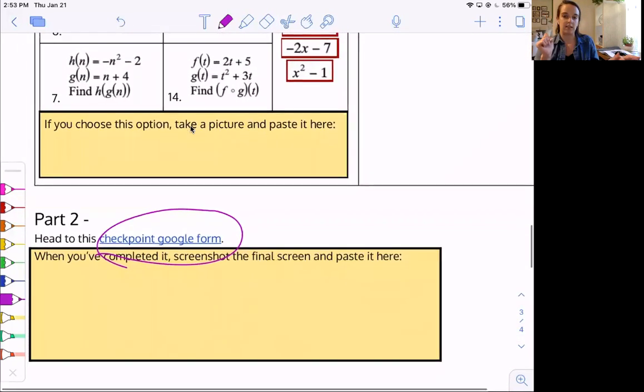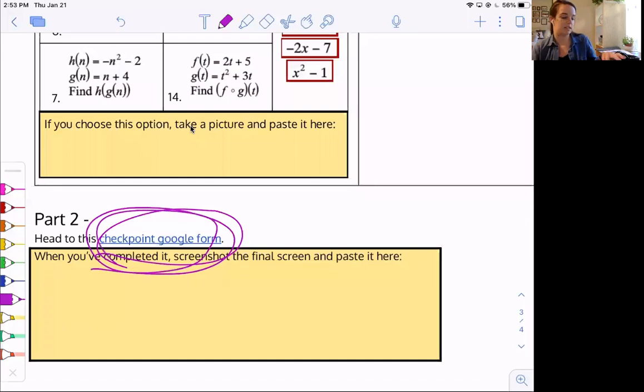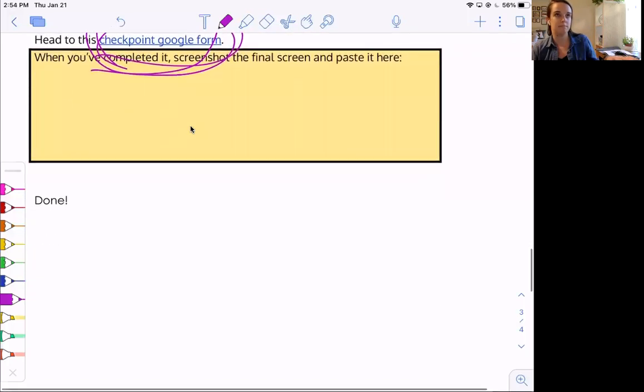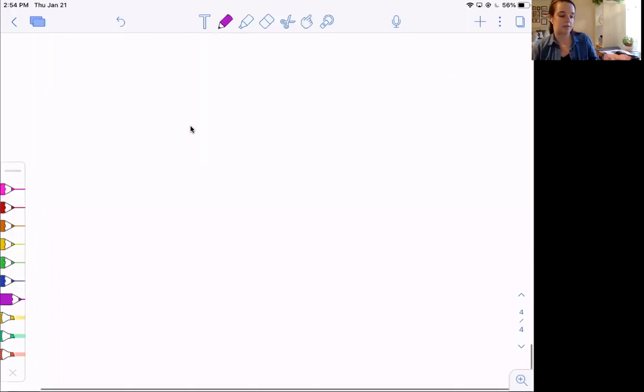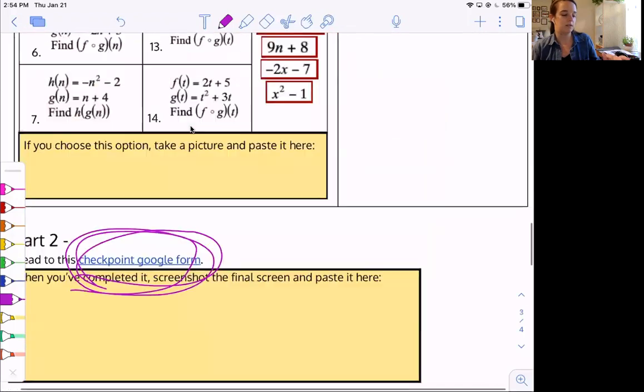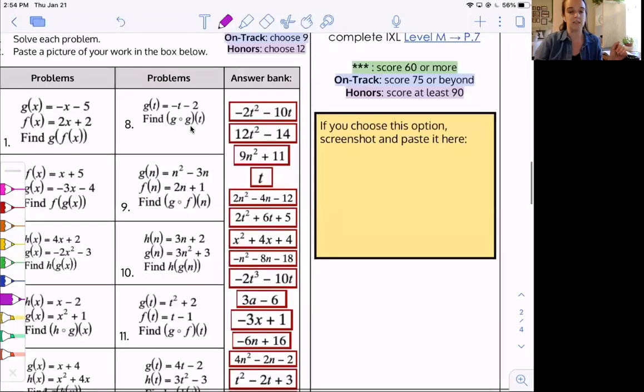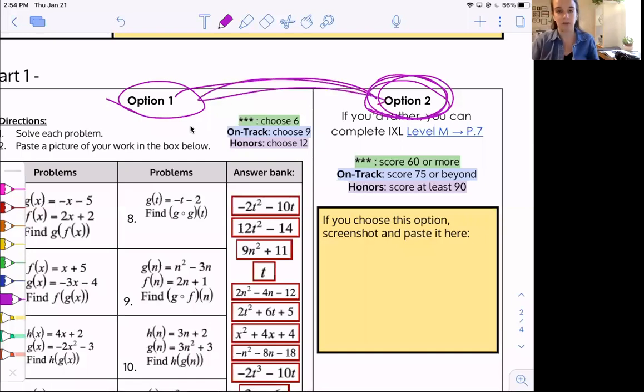You have your checkpoint at the end, but it is very, very simple things that we've done before. Then you're done. There is not even like another page. There's no extra credit. If you really, really want extra credit, you can do both of these, but I would not recommend it. I would recommend taking a break. So those are your options for today.